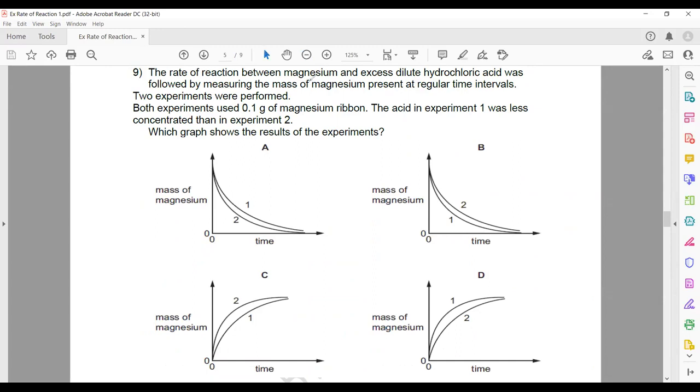In this question, the rate of a reaction between magnesium and excess hydrochloric acid was measured. What happens when magnesium reacts with hydrochloric acid? When a metal reacts with acid, it gives off gas.